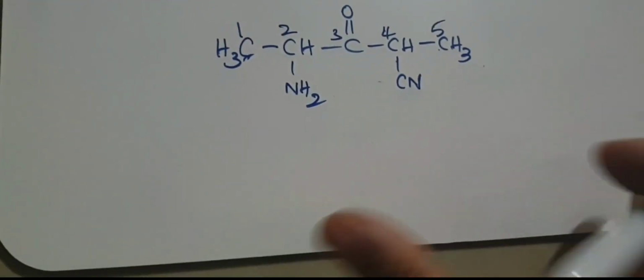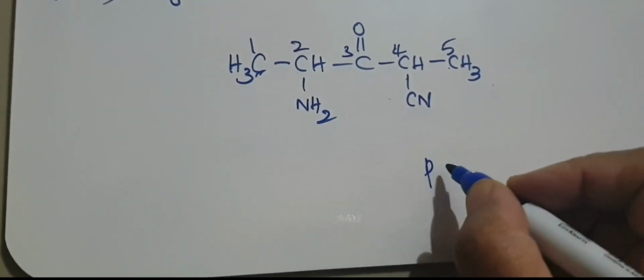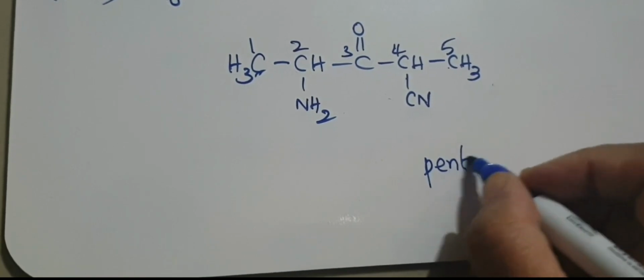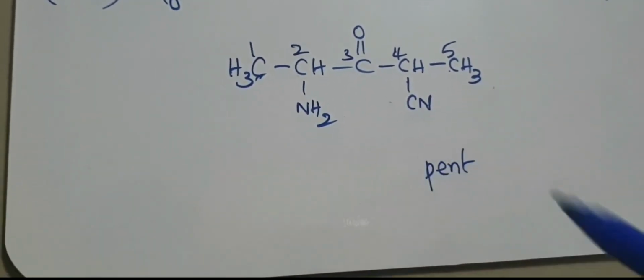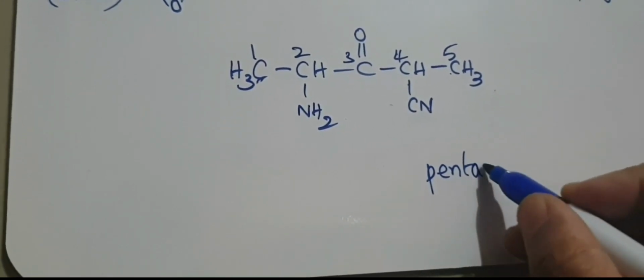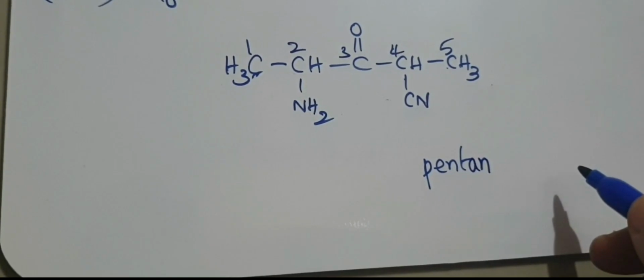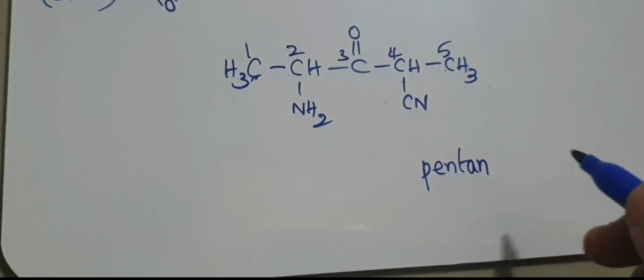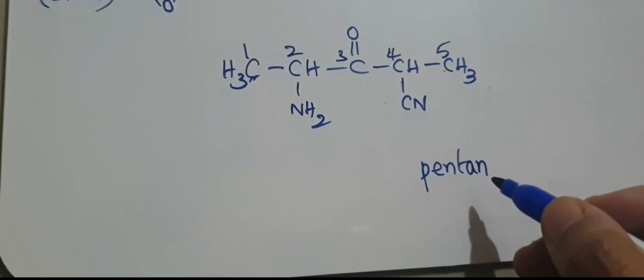So what will be the root word? Since there are 5 carbon atoms, it is pent, and since it is a saturated carbon chain, I am going to write an. It is not an alkane, therefore I am going to drop the e.